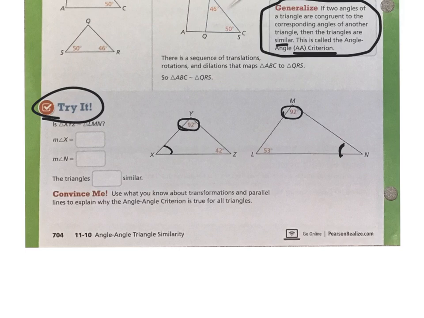What I also know is that the sum of the measures of each of those triangles must be 180. So I can use that relationship of X plus 92 plus 42 equals 180 to determine what that third angle needs to be. Try that for both triangles XYZ and LMN.